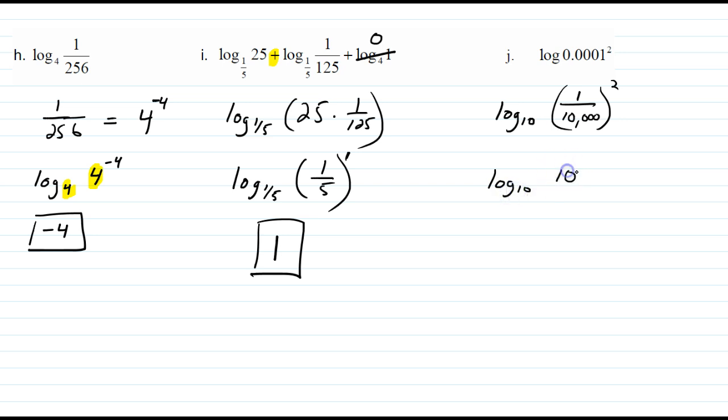And so 10 to the negative 4 is 1 over 10,000. So now we shower the power. So we get 10 to the negative 8. Now my bases are the same. And so this becomes negative 8.